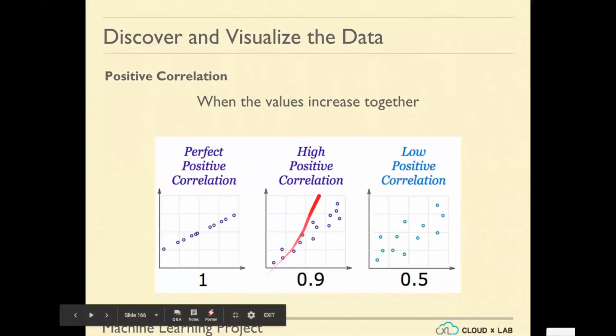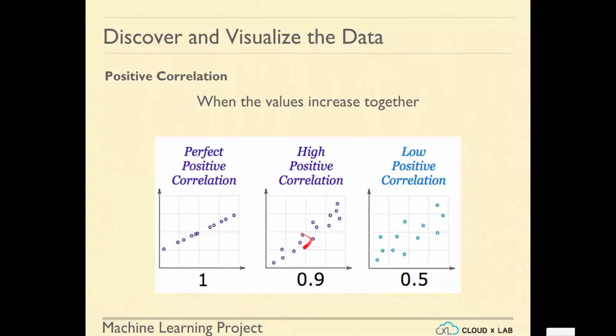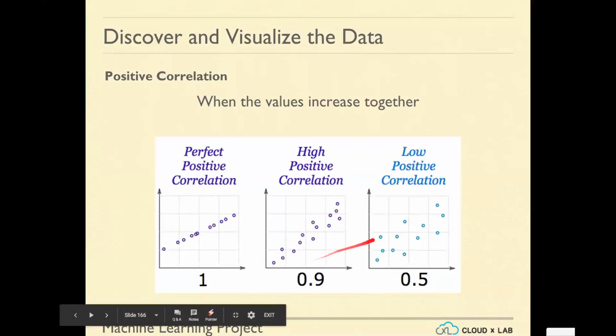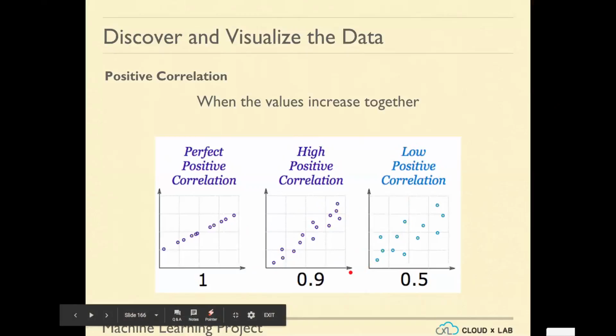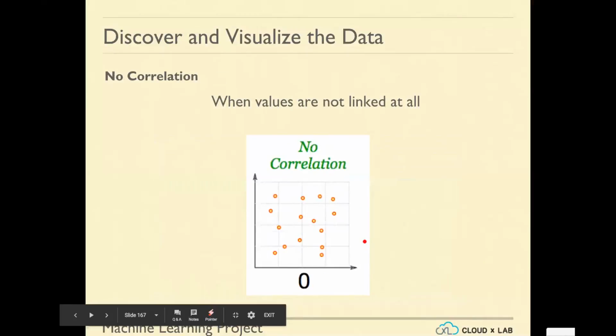This one is a high positive correlation, meaning there is a strong correlation, just that it is not perfect, because it is a little scattered. This one is a low positive correlation, because it looks very spread out. No matter which line you draw, there are going to be errors. And this one doesn't have a correlation at all.